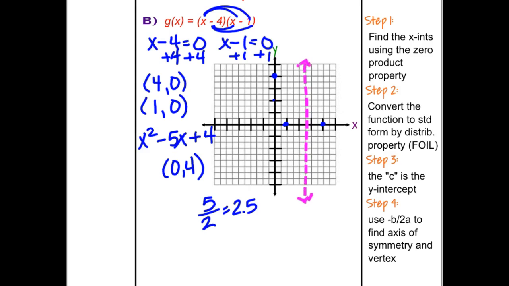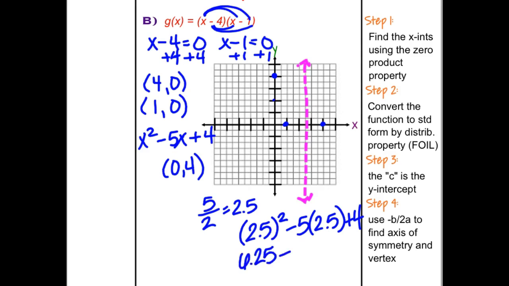And then it gets a little messier. So then we have to put in that 2.5. So we have 2.5 squared minus 5 times 2.5 plus 4. So when we square 2.5, we get 6.25 minus 2.5 times 5 would be 12.5 plus 4. 6.25 minus 12.5 is negative 6.25.